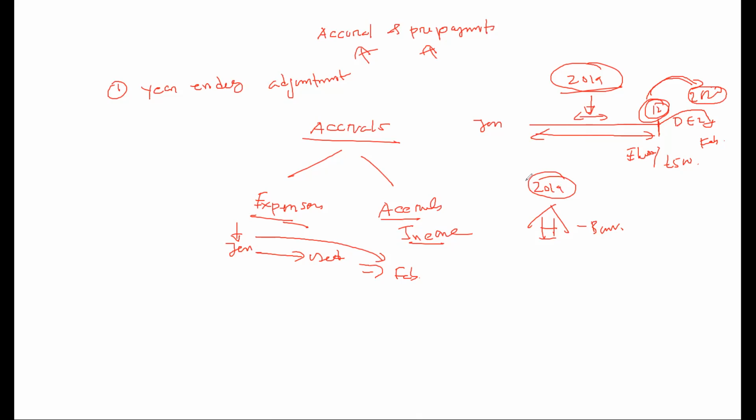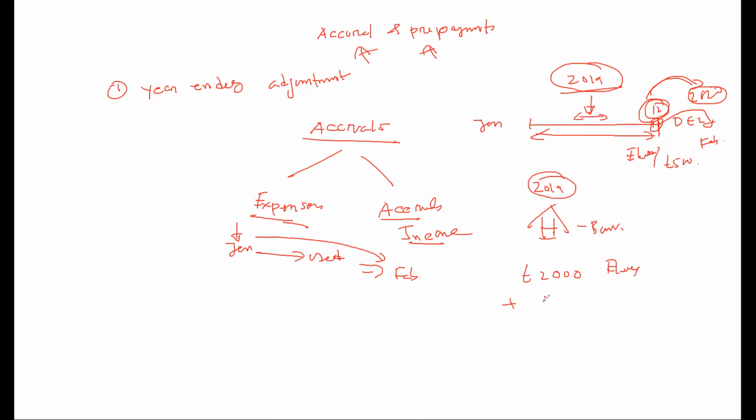Let's say from January to December, the company paid £2,000 for electricity. In December, there is a bill, and the bill is paid in January of next year. Obviously this bill also has to be considered for this year.